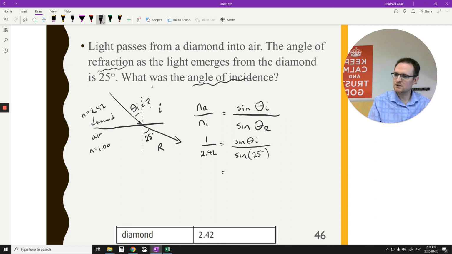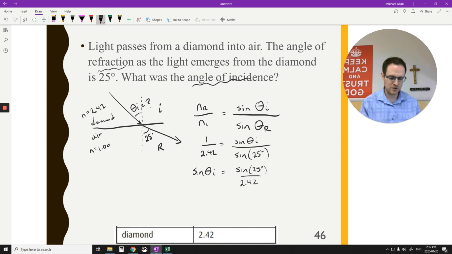And I could just rearrange this now. This is a little bit easier because I made the theta I on the top here, so I'm going to times it up and divide. Okay, so I'm going to get sine theta I to be sine 25 degrees divided by 2.42.